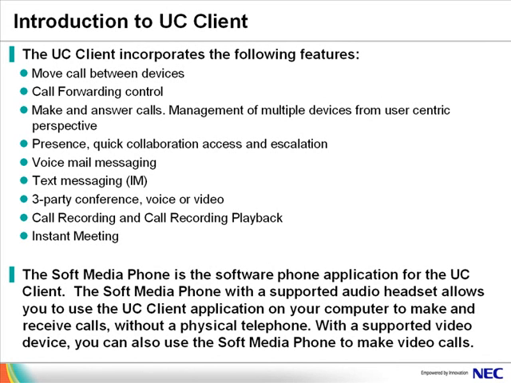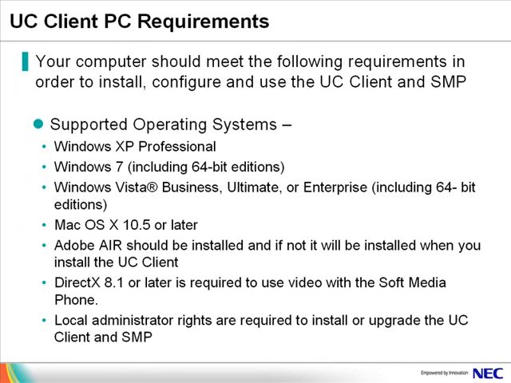So now let's take a look at what some of the requirements are for the personal computer upon which you're installing the UC client. From an operating system perspective, the UC client is supported on Windows XP Professional, Windows 7 32-bit operating system and 64-bit, Windows Vista 32-bit operating system and 64-bit, Macintosh OS 10.5 or higher.